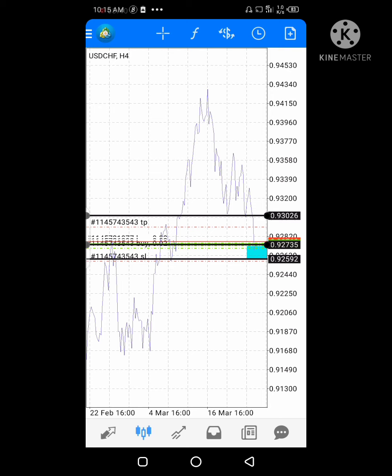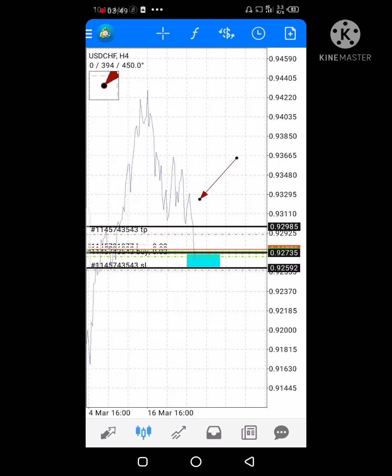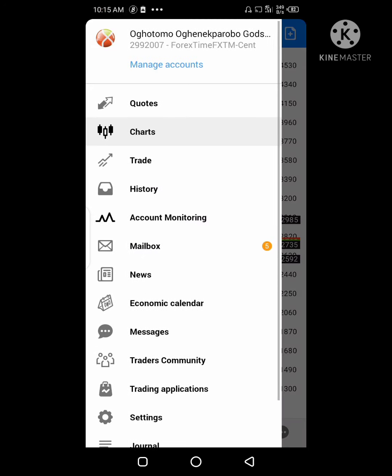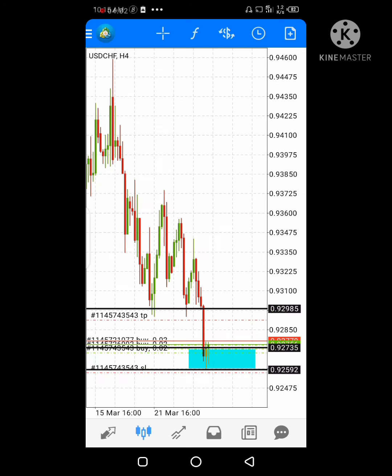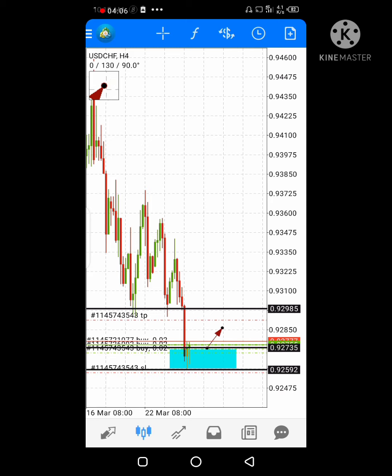Although I placed it below, I like placing my take profit below where the peak is, so my take profit can actually be hit even though I'm not watching the chart. I'm going to change to candlestick now, and pull this right here so you can actually see.